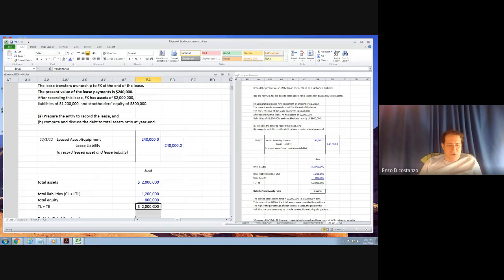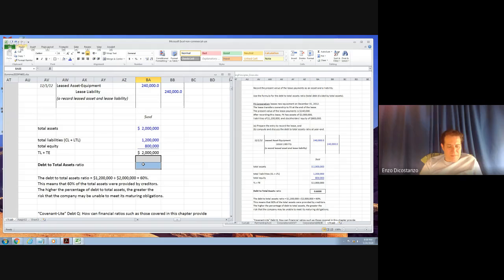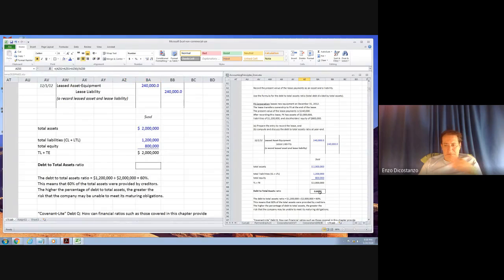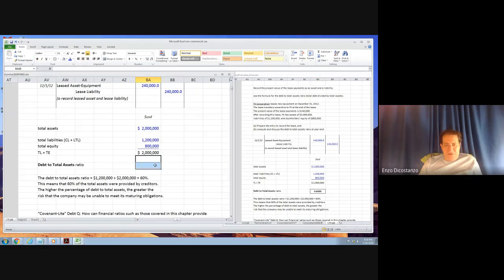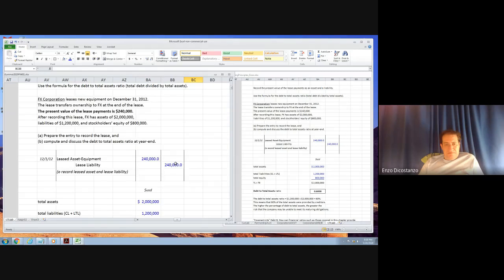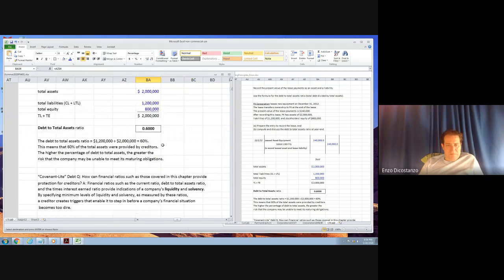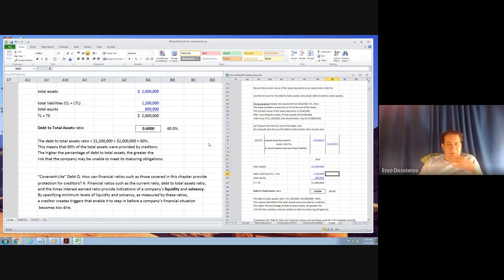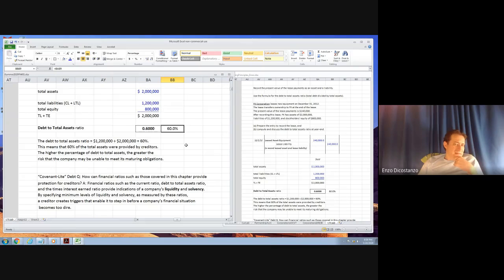That's total assets, and equity and liability added up, 2 million. And this is simply debt divided by assets, which is 0.6. So 60% of the total assets were provided by creditors, is really what that means.